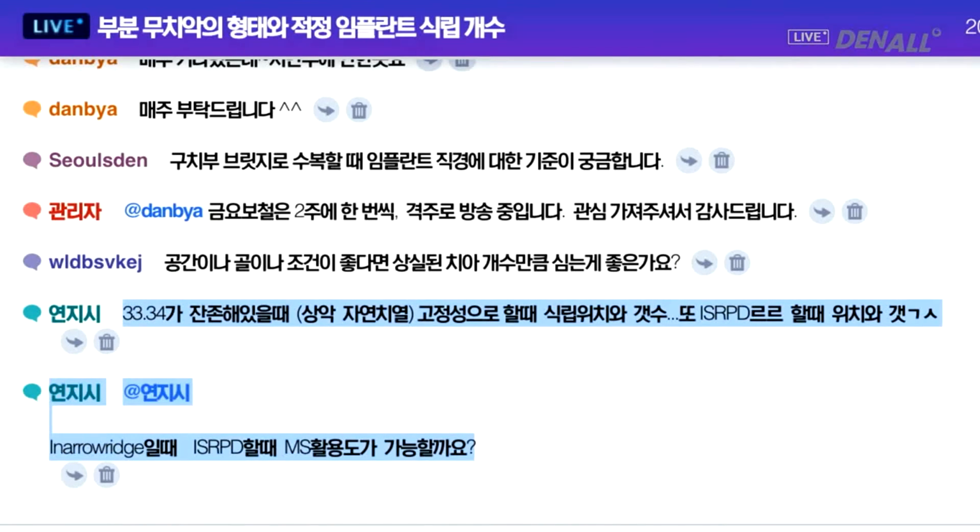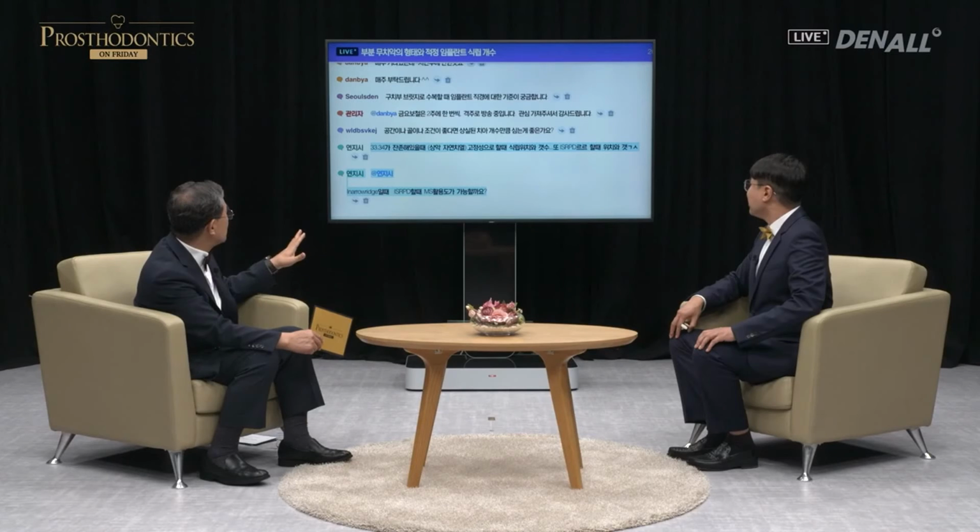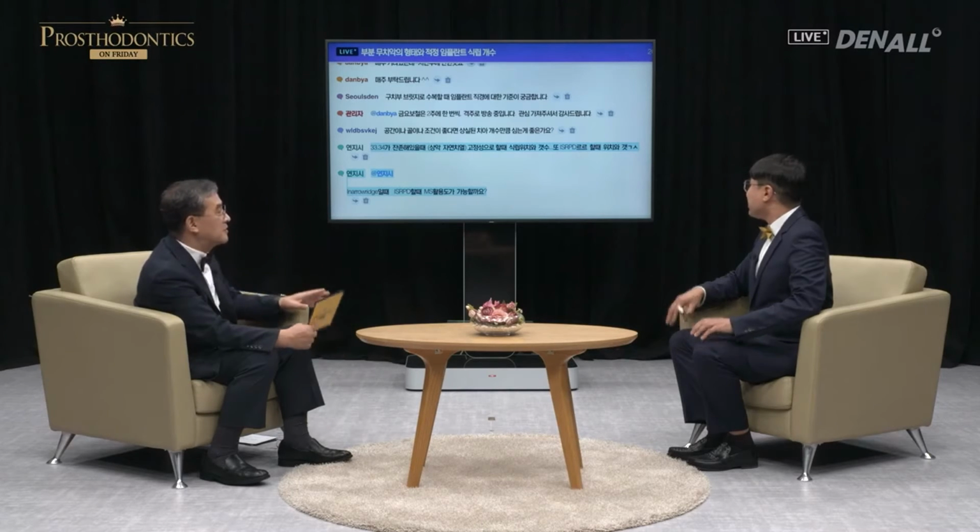If we're going to provide fixed prosthesis, how many implants should be placed and where? How many should be placed and where in the case of ISRPD? 33 and 34 exist, and the upper dentition is natural dentition.